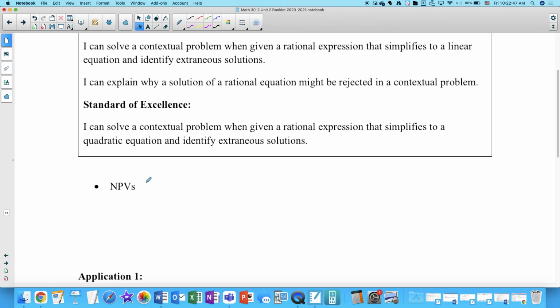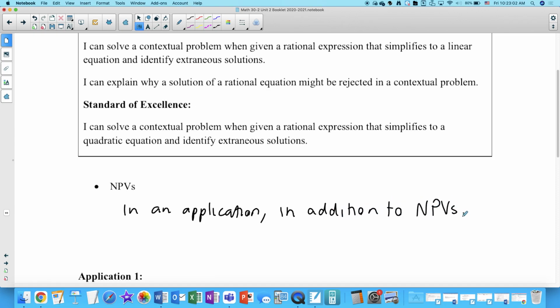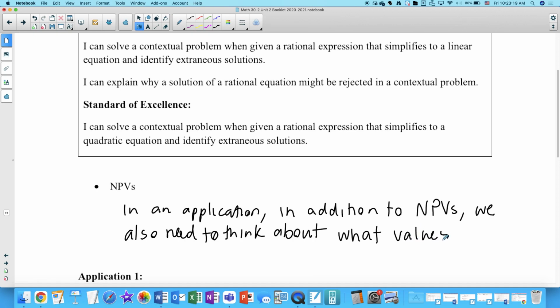So in an application, in addition to NPVs, we also need to think about what values make sense in the context.